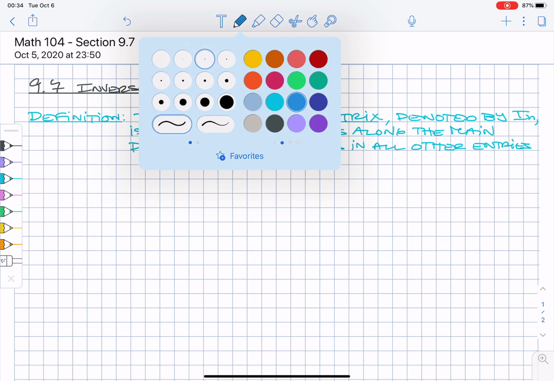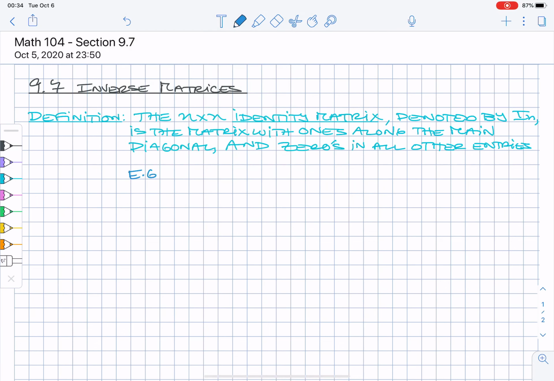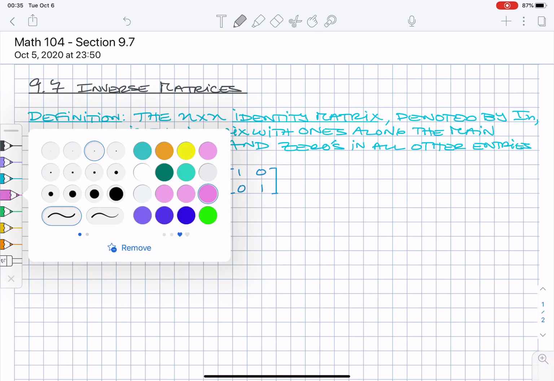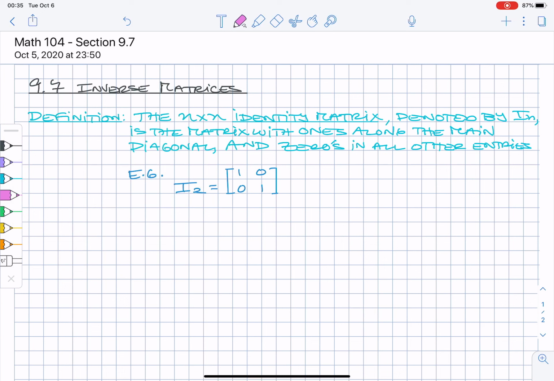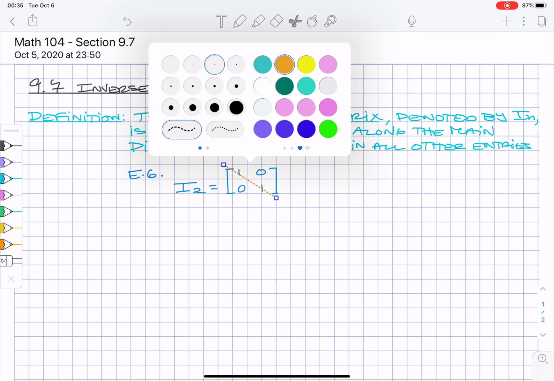Okay, so for example, I sub 2 is the 2 by 2 matrix that has ones along the main diagonal and zeros everywhere else. So our main diagonal, of course, will be this guy. Maybe I should do this in a lighter color, say yellow or gold.